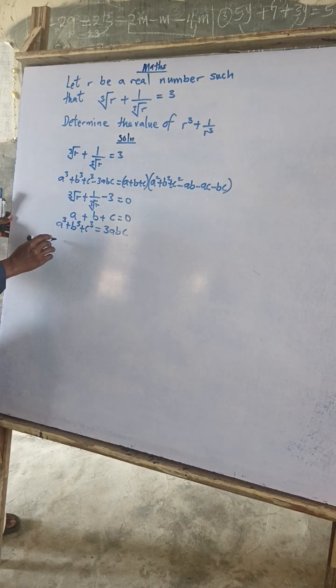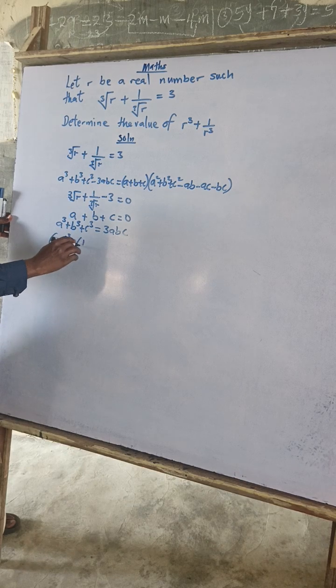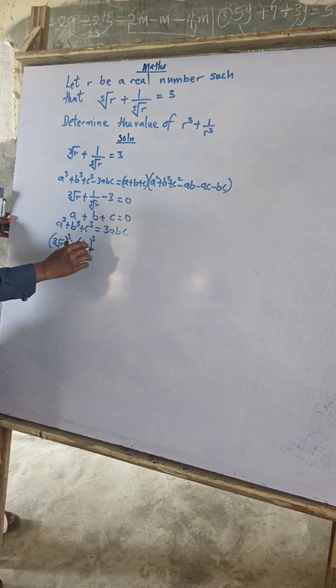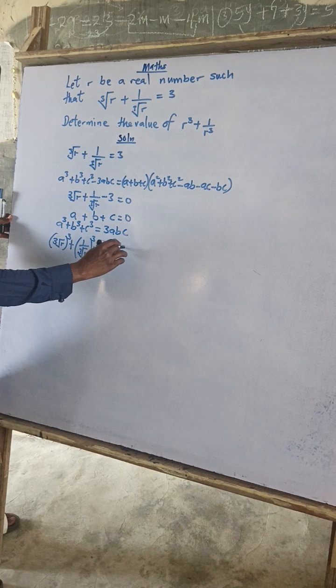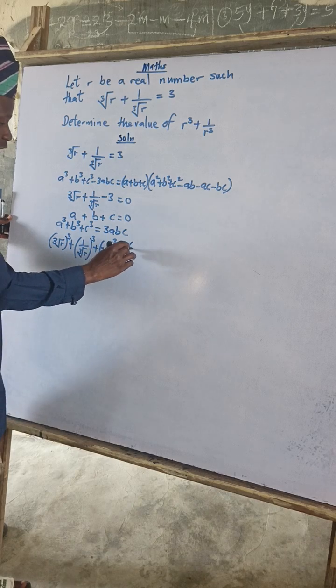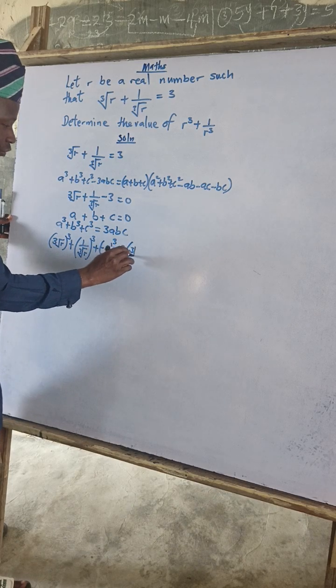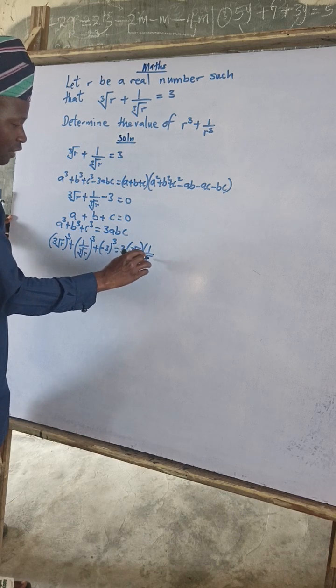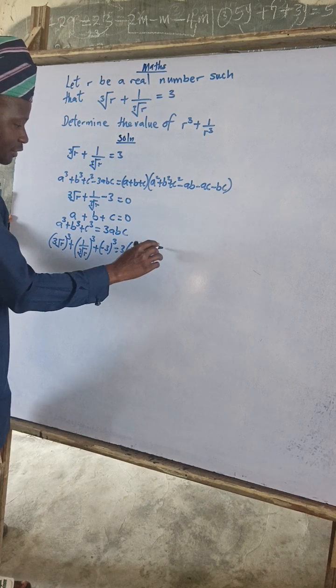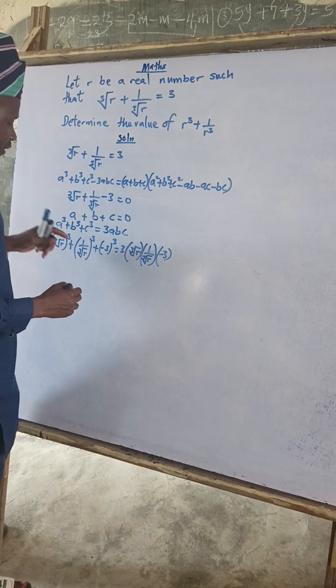Then we have A, cube root of R raised to power 3, plus B, 1 over cube root of R raised to power 3, then C, minus 3 raised to power 3, equals 3 multiplied by A, cube root of R, times 1 over cube root of R, times minus 3. That is the value of C.